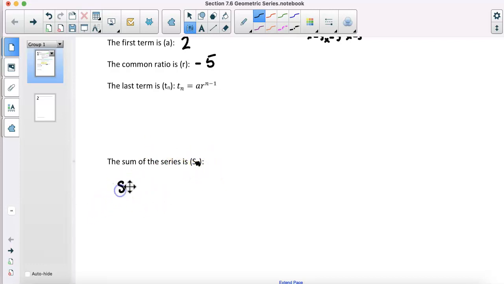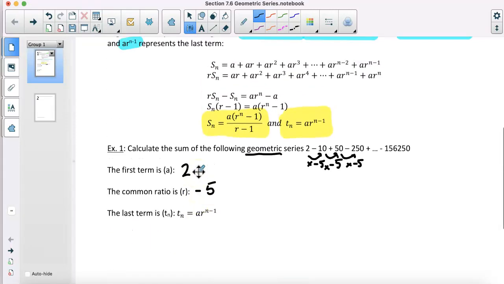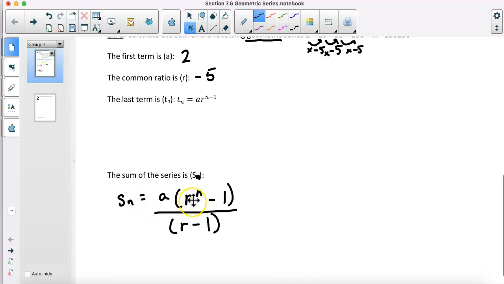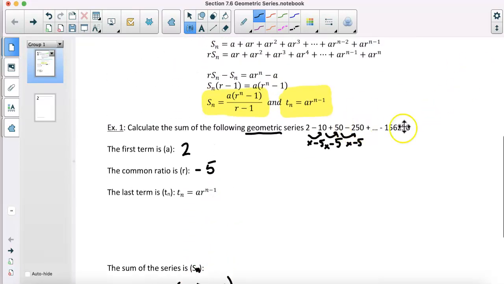Because we know this is geometric, S_n is going to be a, using our general equation, times r to the exponent n minus 1, all over r minus 1. So we have the first term, we have the common ratio. The only thing that we're missing is this n value. How many terms are in this sequence?